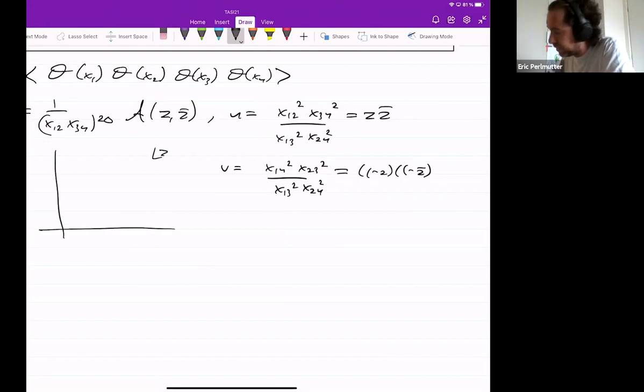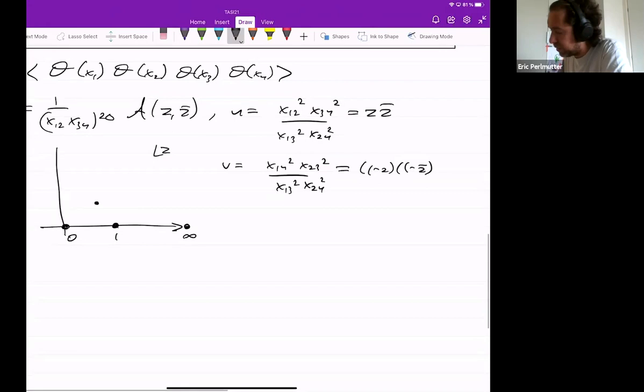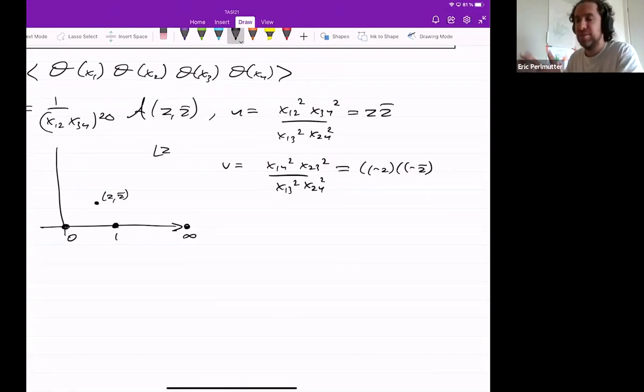If we think of the complex Z plane, you can use conformal symmetry to put an operator at 0, an operator at 1, an operator at infinity, and then the fourth operator can be thought of as sitting in this plane. Now, in Euclidean kinematics Z bar equals Z star, but they can be continued away from that to be separate, independent complex variables. We won't really need that for today, but you should know that.